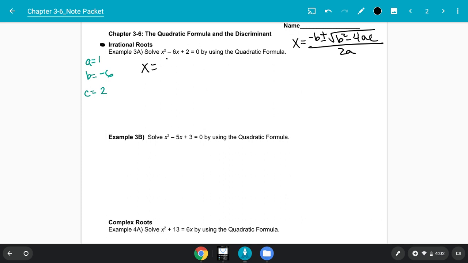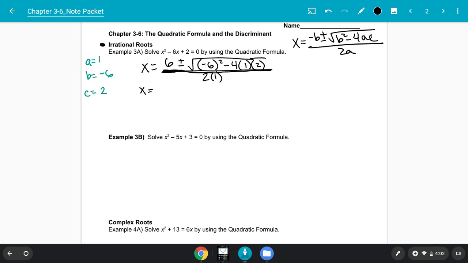X equals opposite b is positive 6 plus or minus the square root of b squared minus 4ac all over 2a. Oopsie. And again, make sure you include this part of the line. It's got to cover the 6 too.